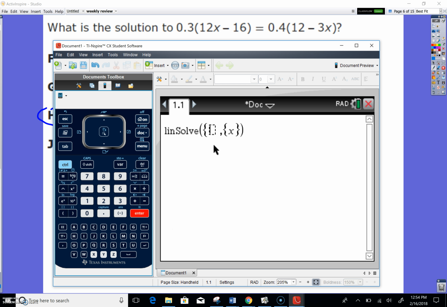Enter. 0.3 parentheses 12x minus 16 close parentheses equals 12 minus 3x. So if you don't know how to solve, you can always let the calculator do it for you. See, our answer is 2.